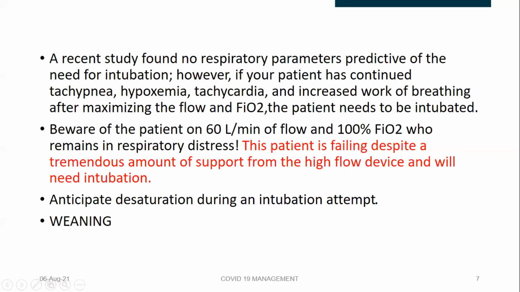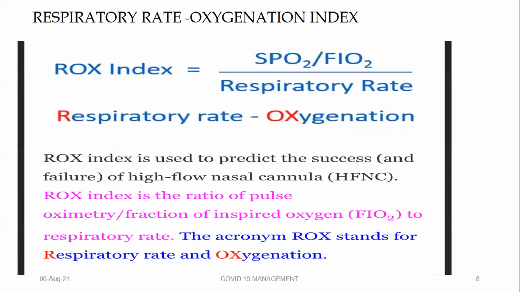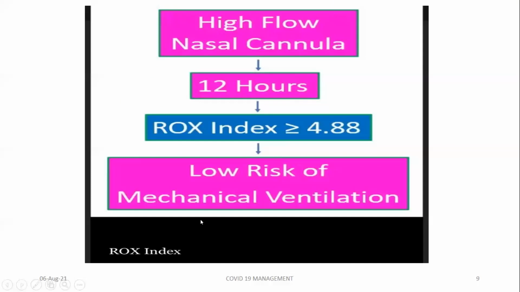Having said that, we did speak about the respiratory rate oxygenation index, and this is used to predict the success or failure of high flow nasal cannula. And we did look at the formula last time, and we also did look at what are the cutoffs. If you have what is called the ROX index of more than 4.88, 12 hours after initiating high flow nasal cannula therapy, then there's a very low risk that your patient is going to require escalation.